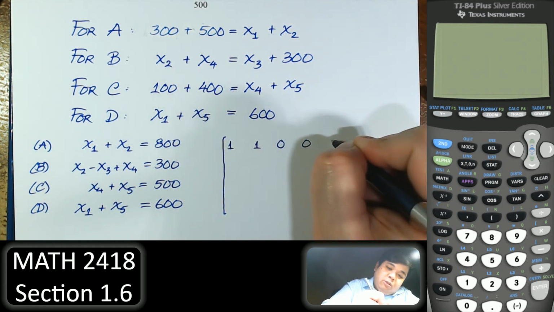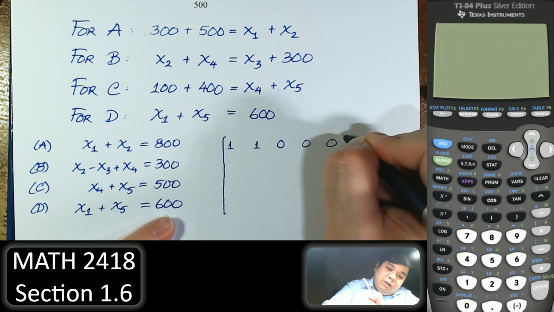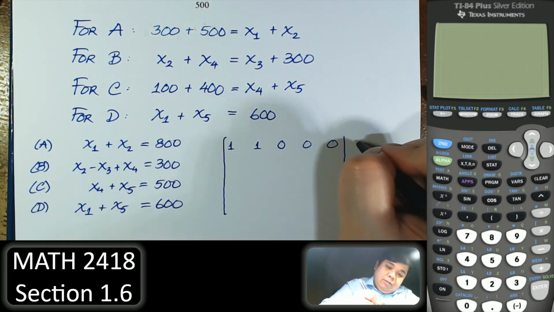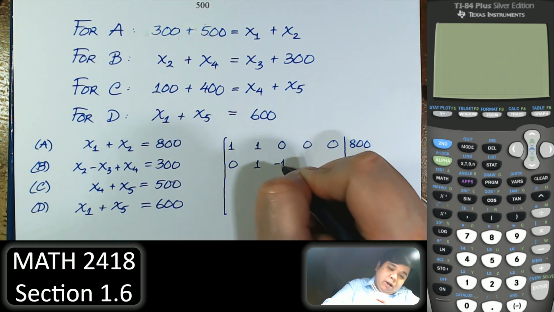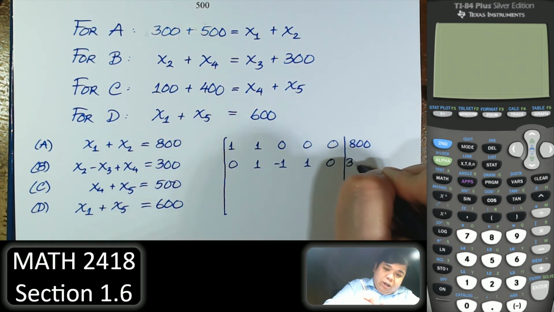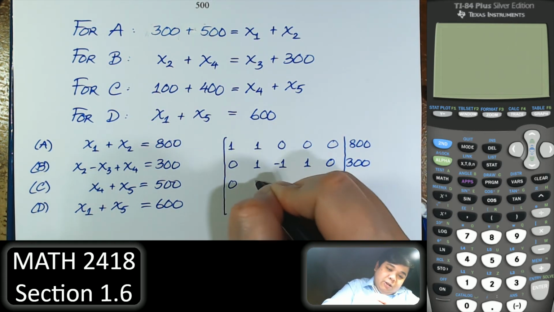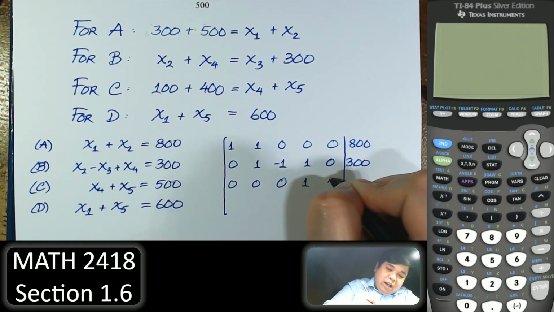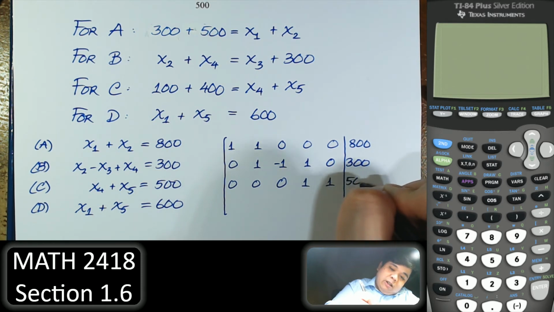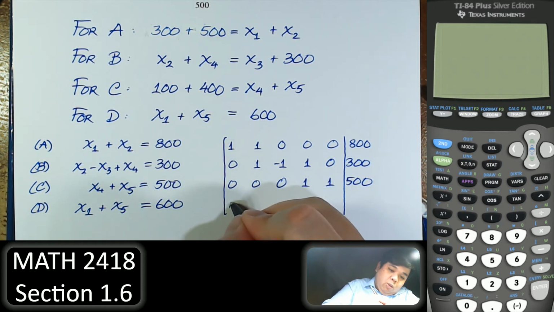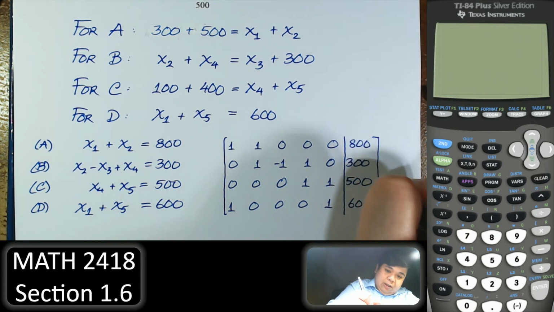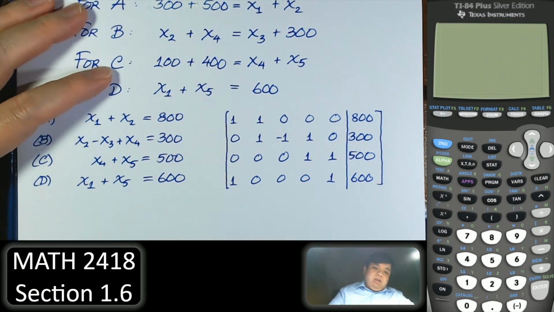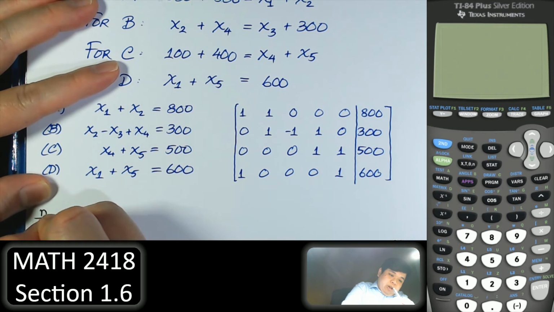Columns x1, x2, x3. 0, 1, minus 1, 1, 0, 300. 0, 0, 0, 1, 1, 500. 1, 0, 0, 0, 1, 600. Right, our matrix, reduced row echelon form.